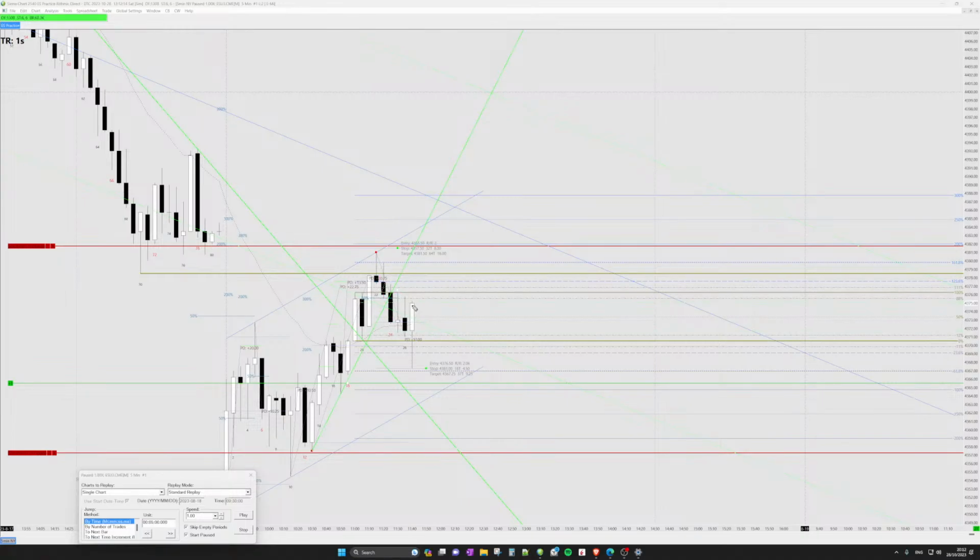Now strong bull reversal. Bears never managed to close lower than 10 points. And bulls closed basically 8 points. So the target is 10.